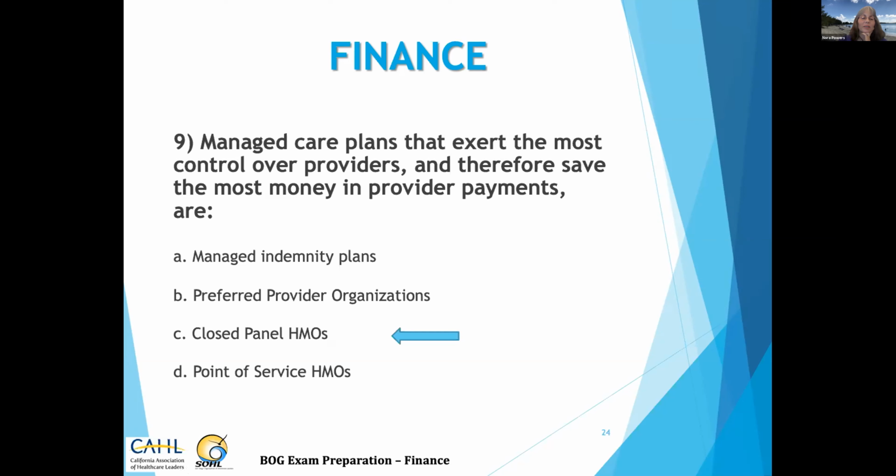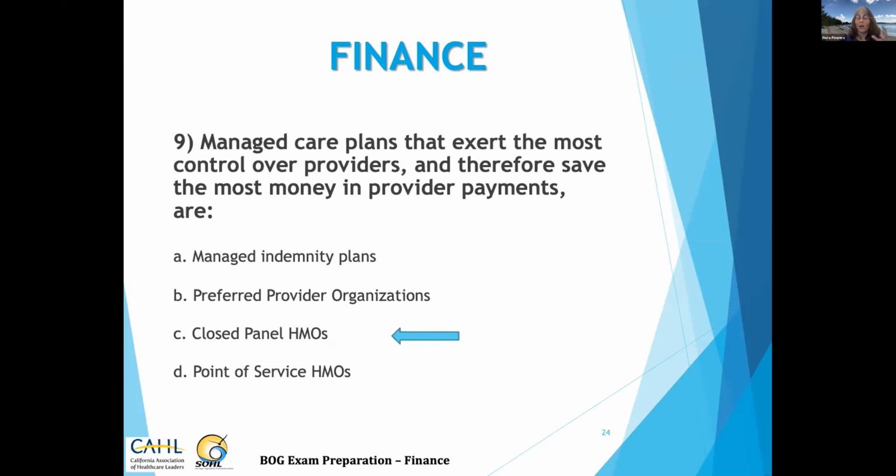And you're correct, Rick. It's the definitions that a lot of people have trouble with, including me, and I work for a managed care organization. It's the difference between the closed panel and point of service HMOs or preferred provider organizations. It's helpful to remember that a point of service HMO is basically an HMO benefit with some sort of out-of-network benefit.